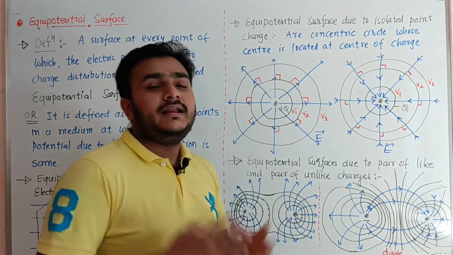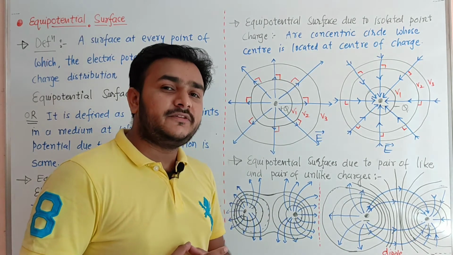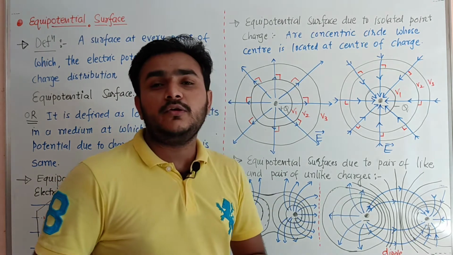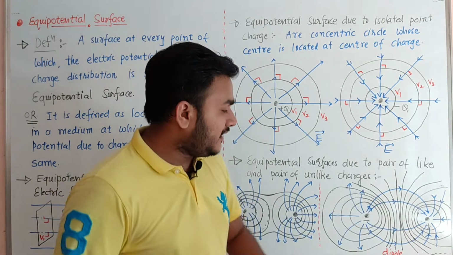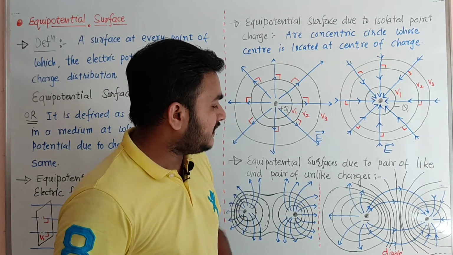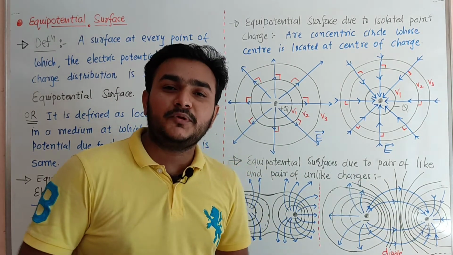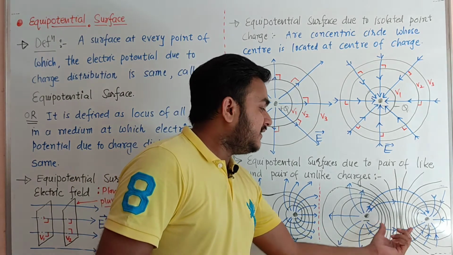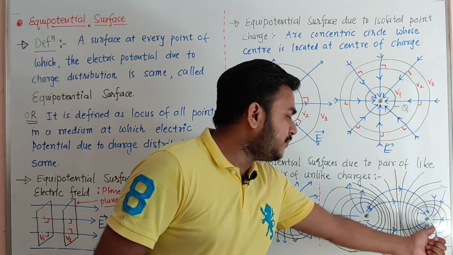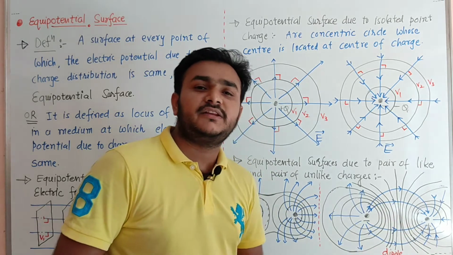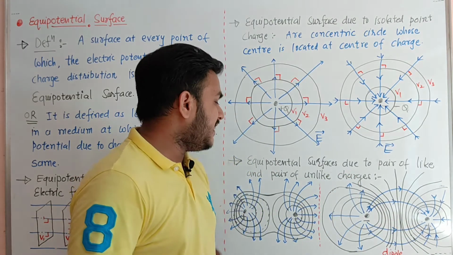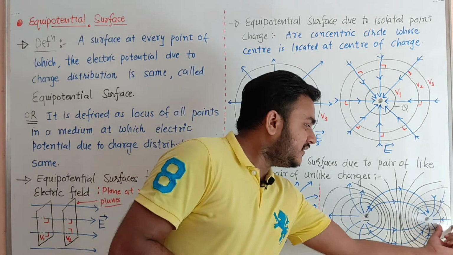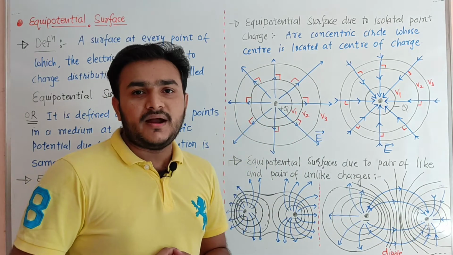Obviously, the equipotential surfaces are drawn in such a way that they are perpendicular to these blue lines, and these black circles and lines show the equipotential surfaces for the dipole. Here you can see that in the region between the negative charge and the positive charge the equipotential surfaces are closer to each other, whereas in the regions here and here they are farther apart.